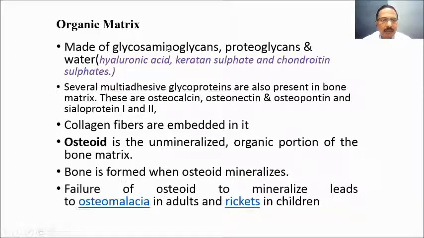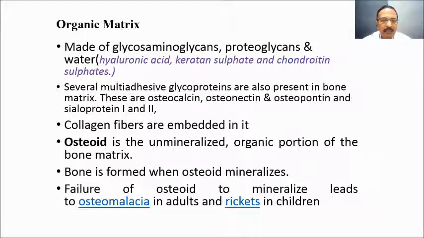These glycosaminoglycans and fibers are interlinked by a lot of multi-adhesive proteins, like osteocalcin, osteonectin, osteopontin, and sialoprotein 1 and 2. So together they are called the osteoid. Once it is getting mineralized, it will be hard. So this unmineralized part is secreted by these cells only. Even the minerals are also secreted by the cells.